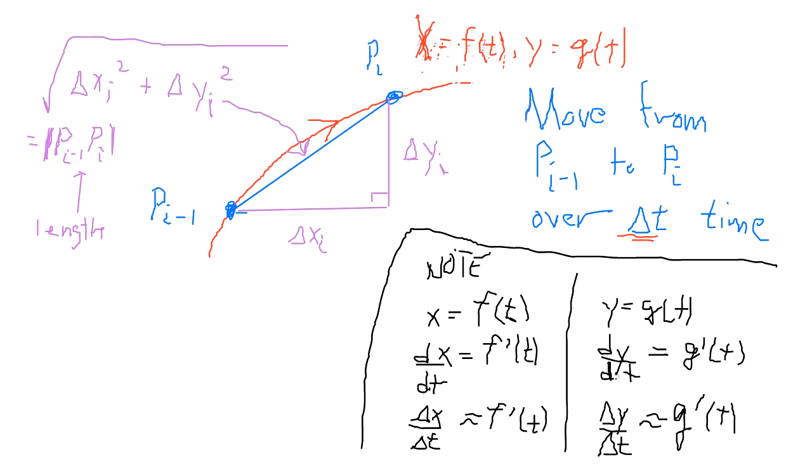And actually, we can say delta x sub i over delta t on the left here, and delta y sub i over delta t on the right. So f prime of t can be approximated by delta x sub i over delta t, and you know what delta x sub i means. And g prime of t can be approximated by delta y sub i over delta t, and you know what delta y sub i means.